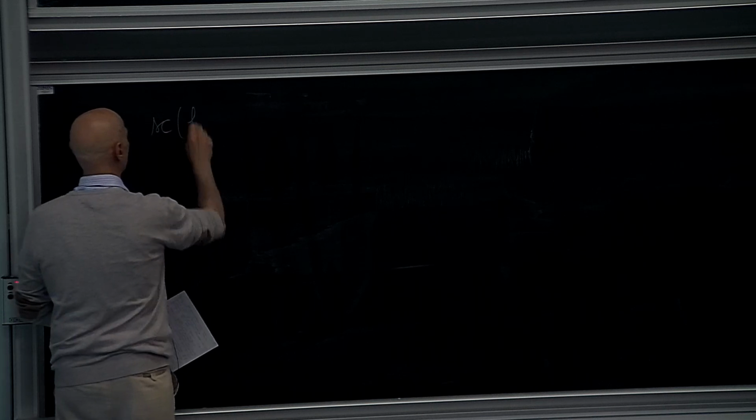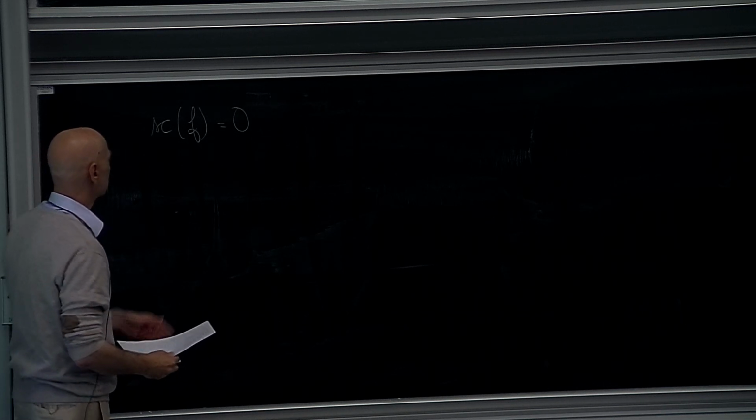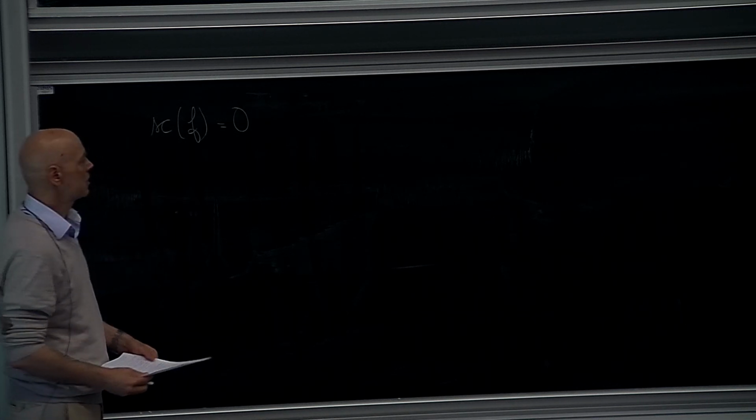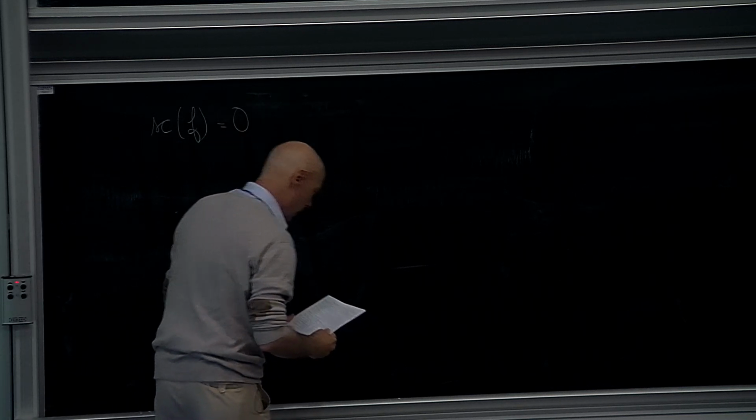Now, there is one particular case which is worthy to be understood, when the Schur class is 0. Because, well, it might be for different reasons, for instance H2 of the group G is 0.